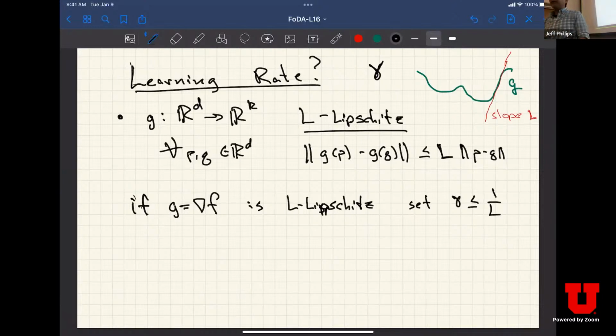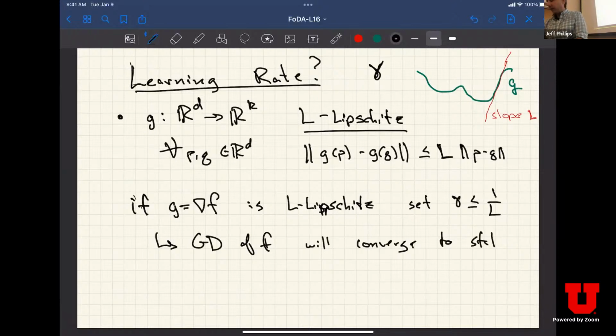So if I have this property, then gradient descent on F will converge to a stationary point. Okay, a stationary point would be probably like a local minimum.